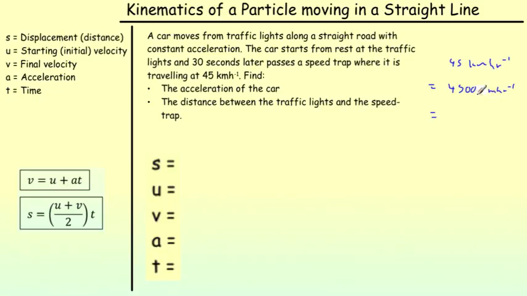We need to know how many seconds there are in an hour. If there's 60 seconds in a minute and 60 minutes in an hour, that means there's 3,600 seconds in an hour. So we need to divide the 45,000 by 3,600. And when we do that, that gives us 12.5 meters per second.